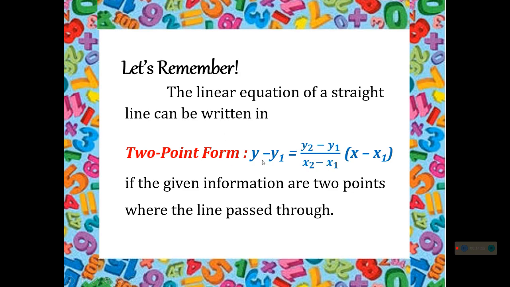So we have here y minus y sub 1 is equal to y sub 2 minus y sub 1 all over x sub 2 minus x sub 1 times x minus x sub 1, if the given information are 2 points where the line passed through. Okay? So again, we have here the formula of 2-point form of our equation.